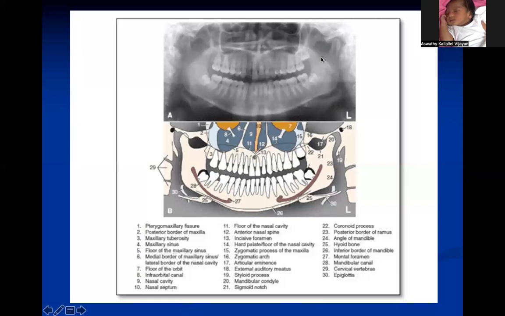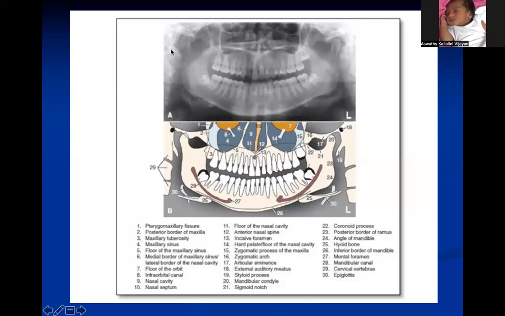Then we have the sigmoid notch. Then the posterior border of the ramus here. Then angle of mandible. We have the hyoid bone. Then the inferior border of mandible. Then the mental foramen. Then the mandibular canal, both sides.